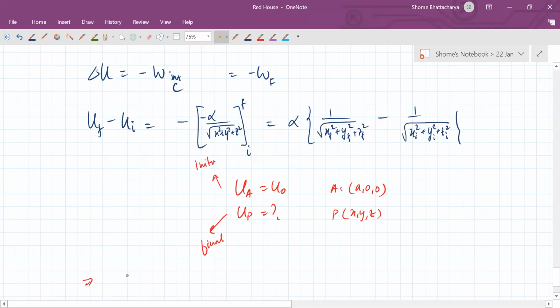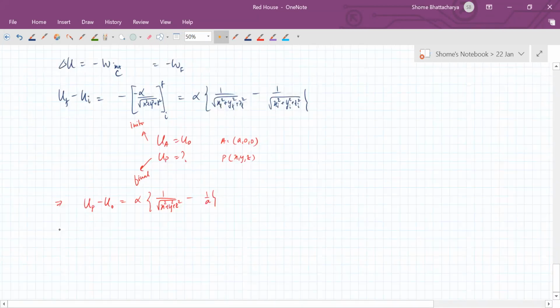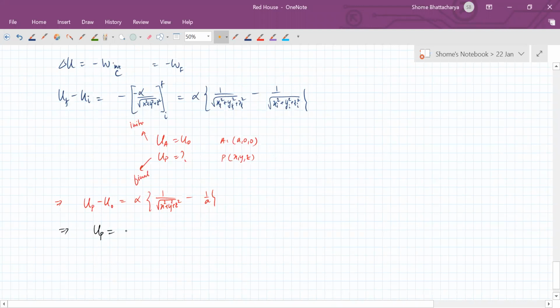So the general expression for potential energy will become like this: alpha into minus 1 by A. So our general formula for potential energy as per what was given to us is that potential energy at the general point P will become alpha upon root of x square plus y square plus z square minus alpha by A plus U naught. That will become our expression of potential energy.